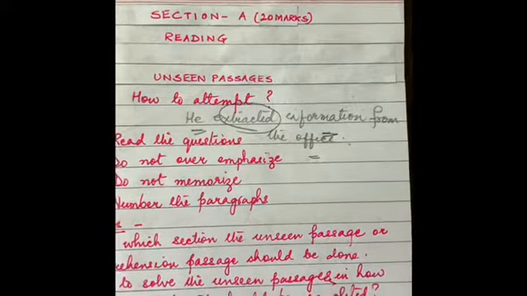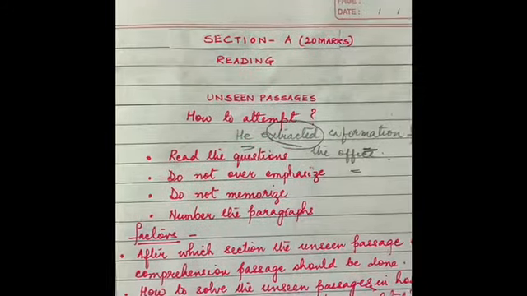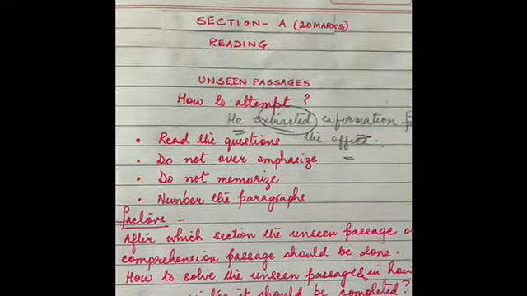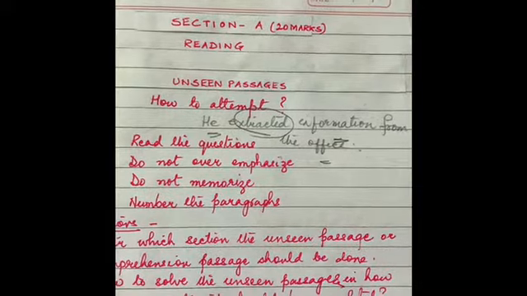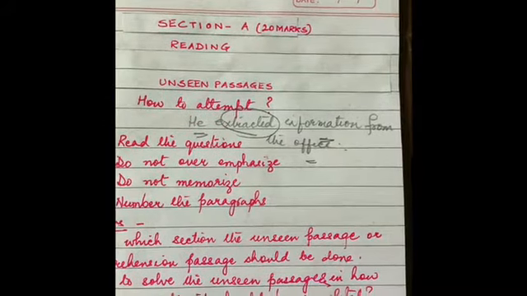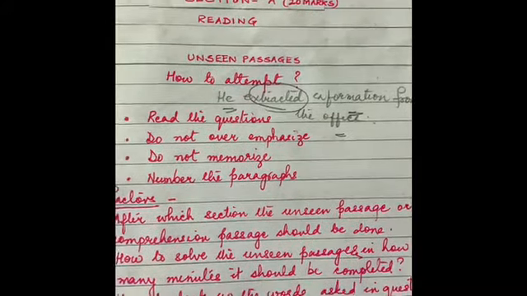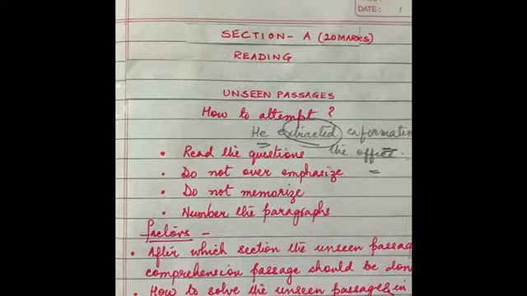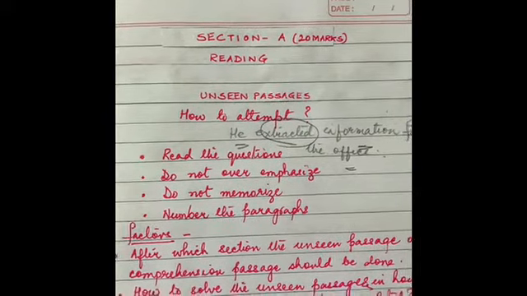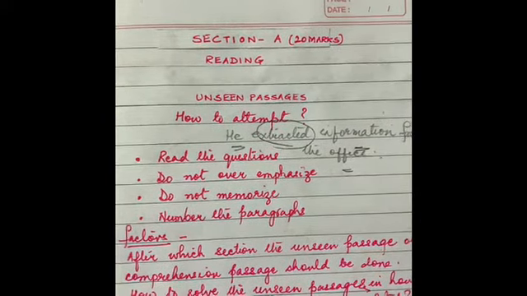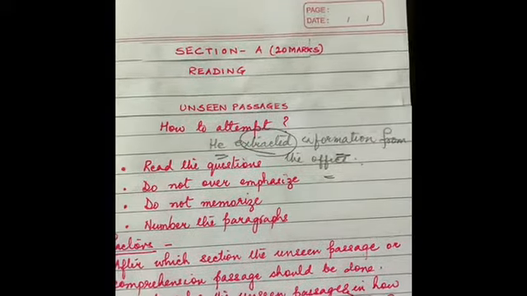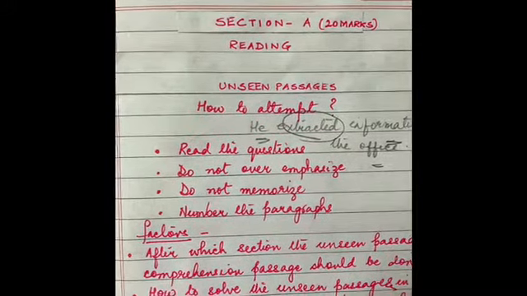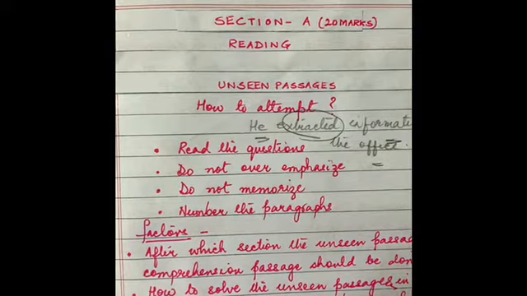And then as you would move further reading the passage, you will slowly and gradually keep getting the words that would be closely related to the word extracted, or even the similar words that would definitely help you to understand the meaning of the word you wanted to know or you wanted to find out. And here I would like to tell you the meaning of the word extracted, and the meaning is to get. So it means he got the information from the office.